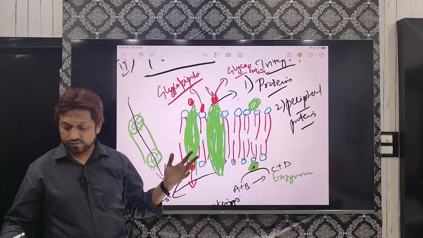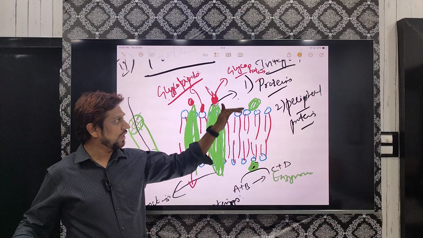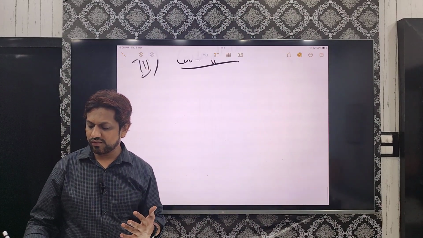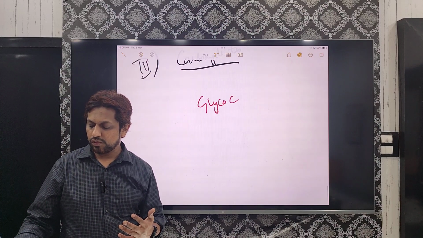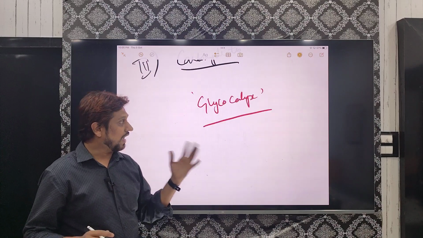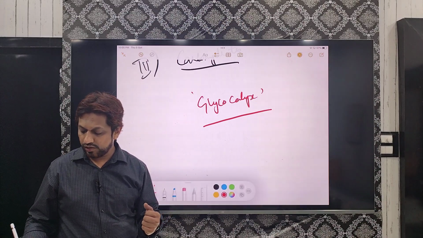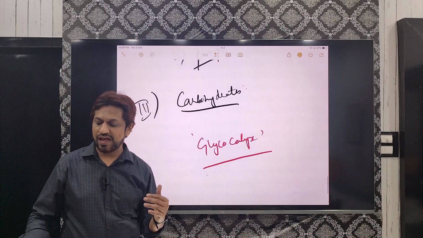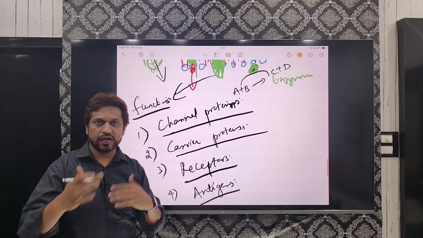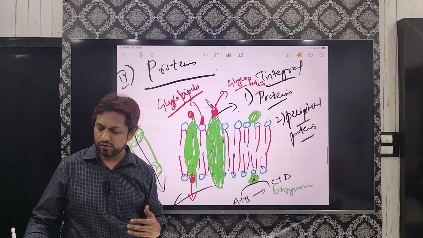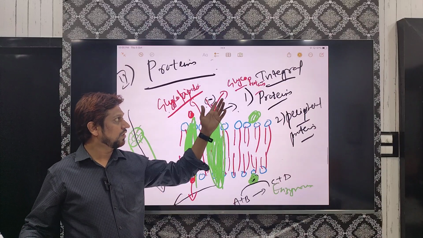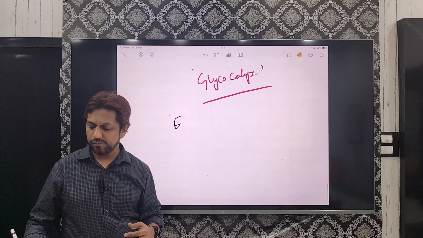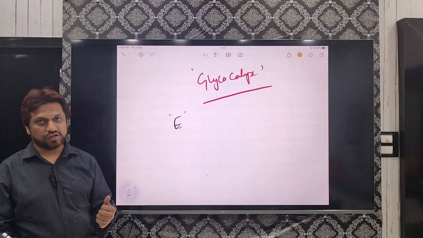Now this carbohydrate layer, after binding to either the protein or the lipid, forms one layer that is known as glycocalyx. Now what are the functions of these carbohydrates? Electrical charges will be present. Basically it will have a negative charge, so it will repel negative particles. This is a polar molecule and it will have negative charges. So glycocalyx will have an electrical property.